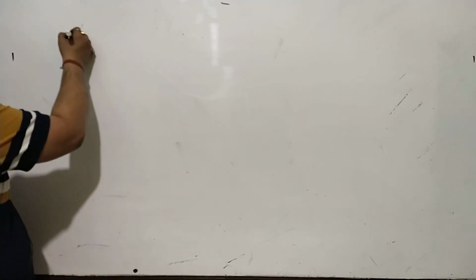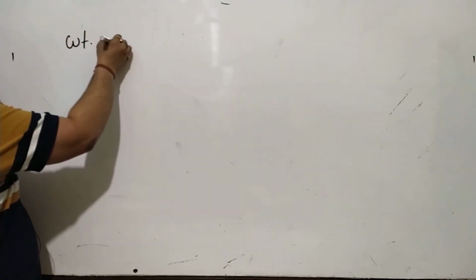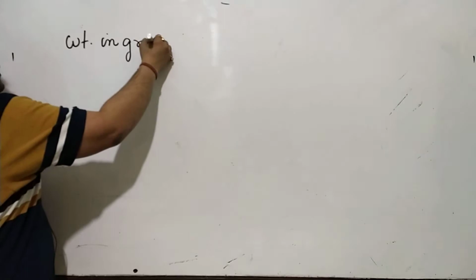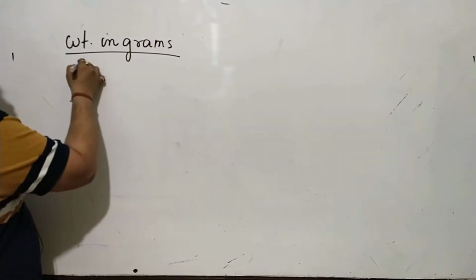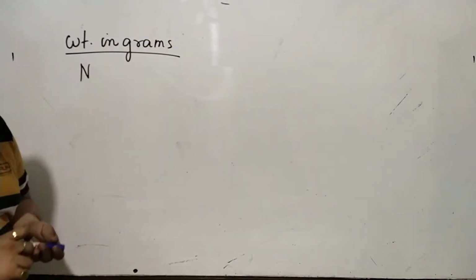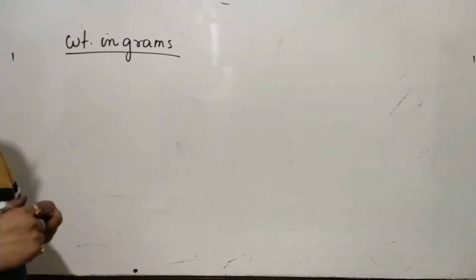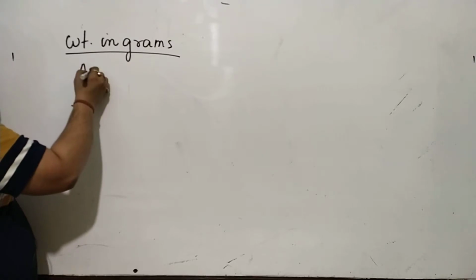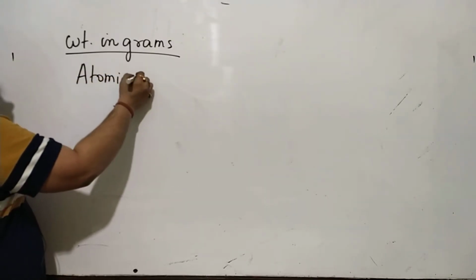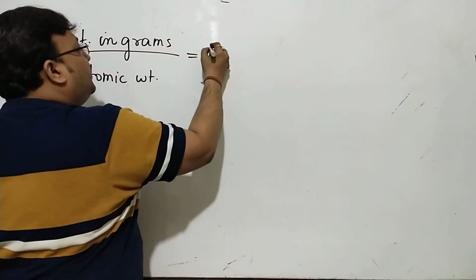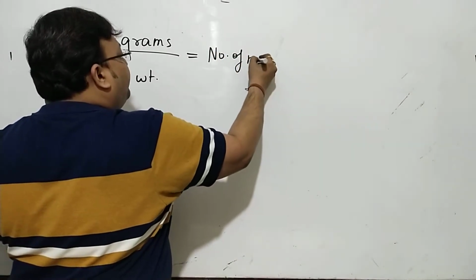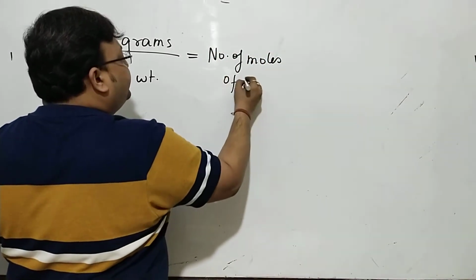Every time you have weight in grams, you will want to divide it with the atomic weight, and this will be the number of moles of atoms.